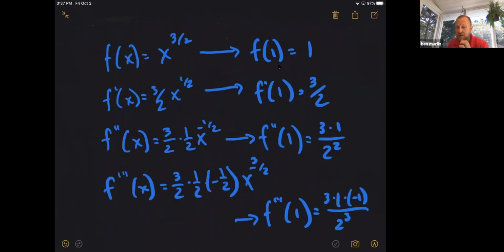I'm trying to guide you on what's the easiest way to get these figured out, okay? So you write down your function, and then you start taking derivatives, okay? The first one's not hard. The second one, you have to do a little bit more.